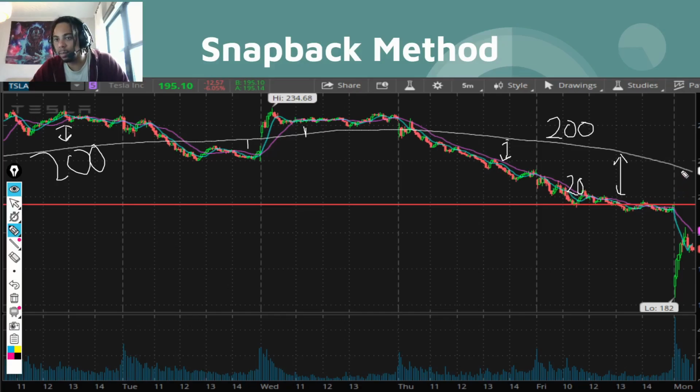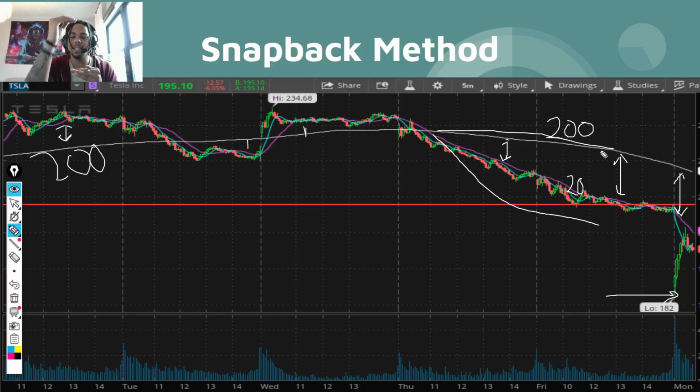Look at how Monday opens up. The price opens all the way down here. We already have this huge extension between the 200 and the 20. We've been getting this wide range action between them. They have been separating, so they're going to have to snap back.